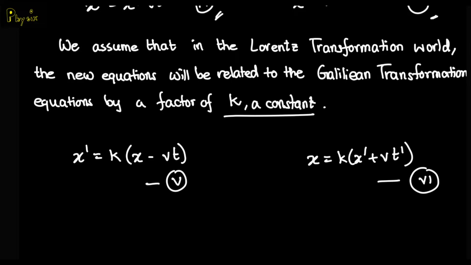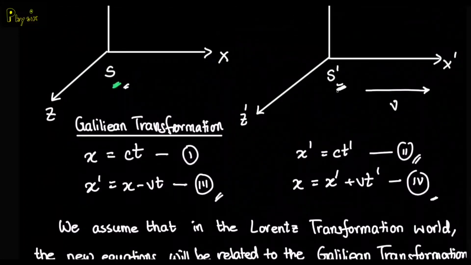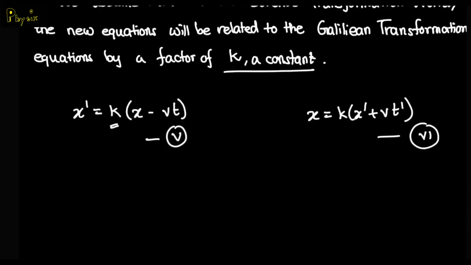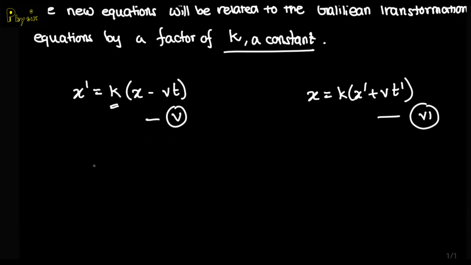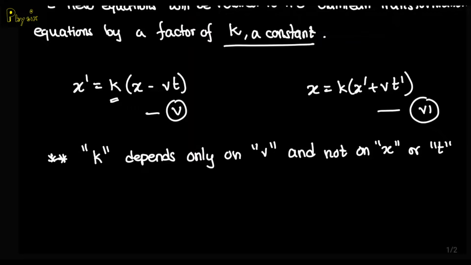Now, it is not hard to understand that k in and of itself is only dependent on the velocity at which this frame of reference S prime is moving away from the frame of reference S. So we say that k depends only on v and not on x or t. Alright, so we have equation 5 and 6.